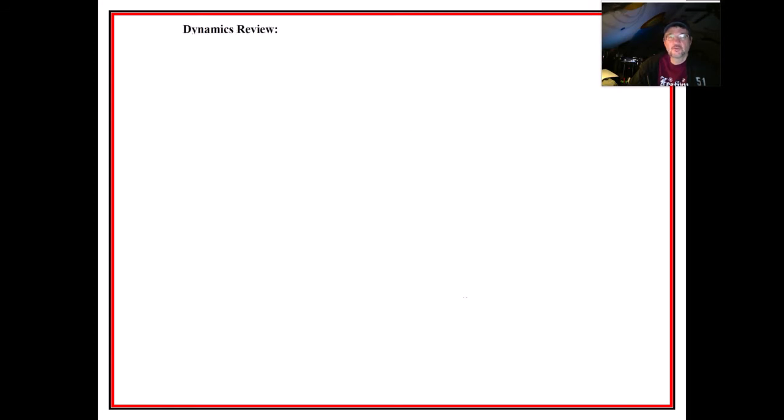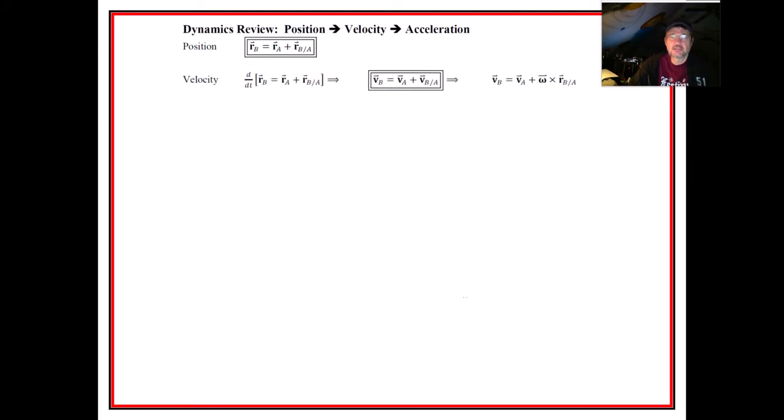So here we go. As dynamics review, we always start with position, then find velocity and get acceleration. That's just the bottom line here. In position, we do with a position vector, where we take some reference, using A in this case, and we have the interrelationship between them to find the thing we want to know.